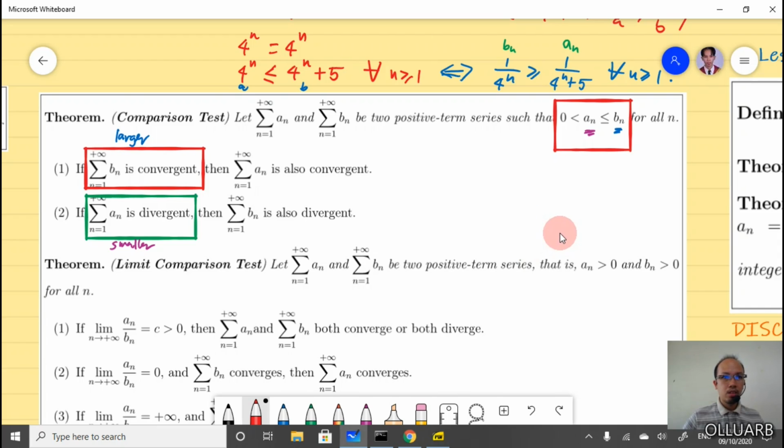I hope you are able to comprehend how to use the direct comparison test. Just wait, or maybe do you want some more examples? Let's decide on that maybe after this.